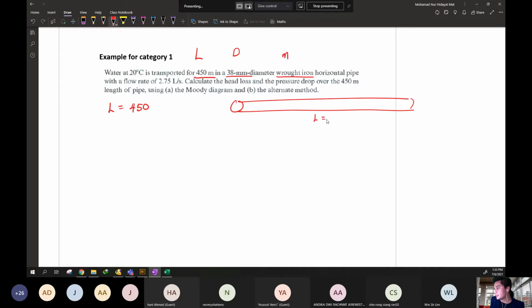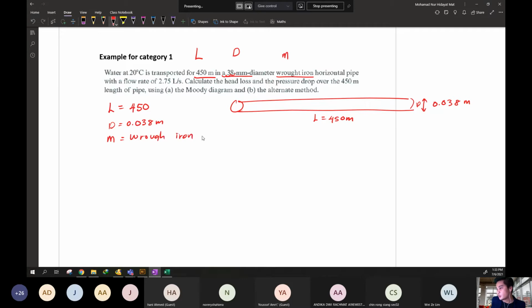The L is 450 meter and the diameter here is 0.038 meter. Confirm, the diameter is 0.038 meter.